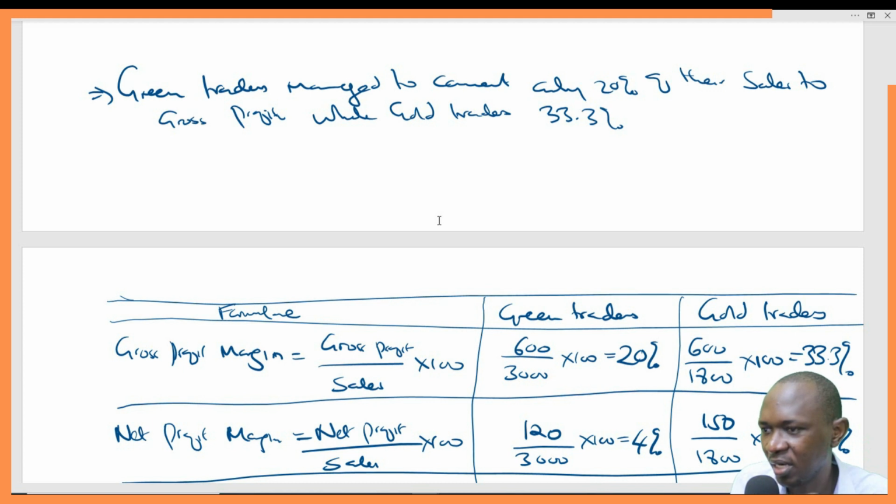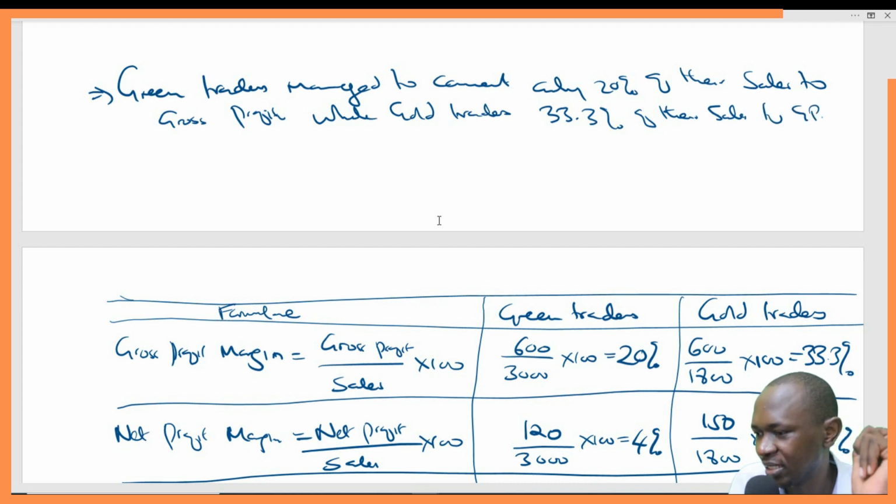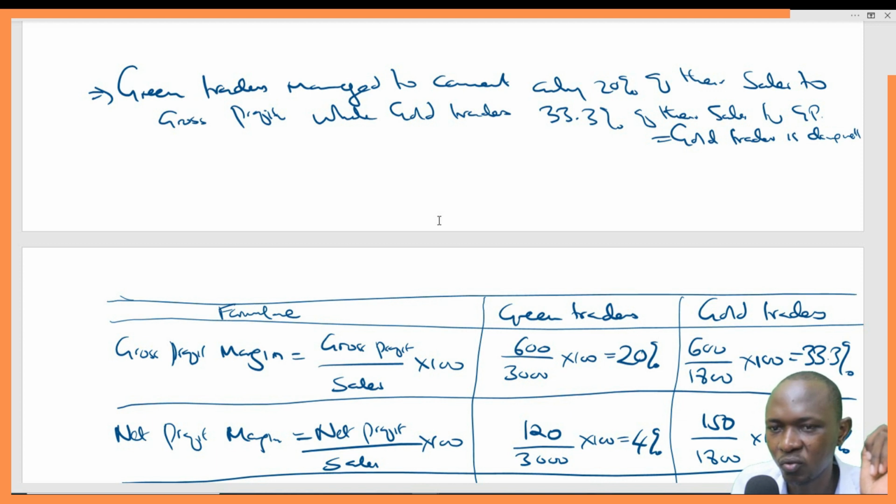What does that mean? That gold traders is doing well compared to the green traders. That is the first part.